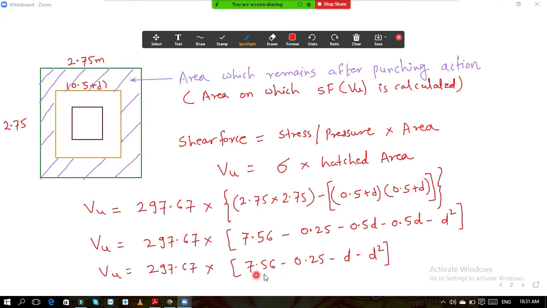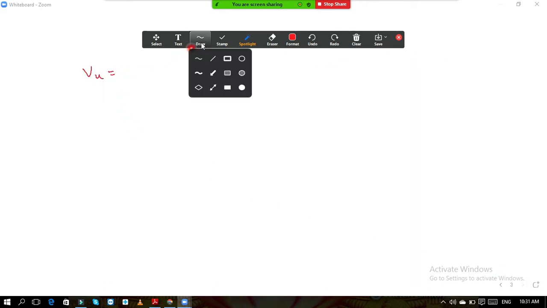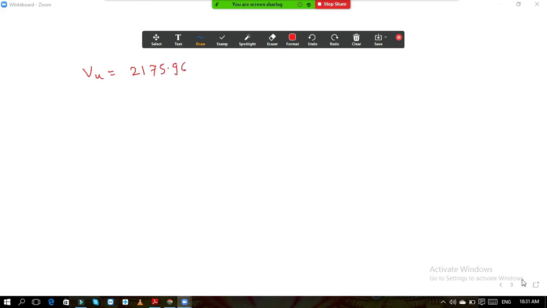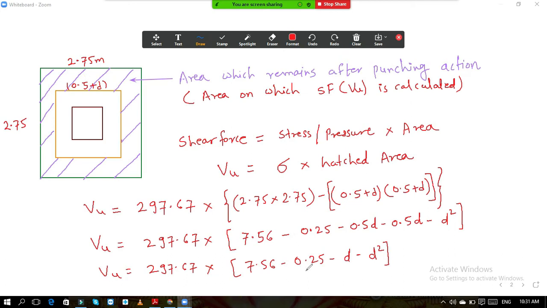So 7.31 multiplied by 297.67 will become 2175.96. I will write over here 2175.96. This is our first term. Then what is the second term?